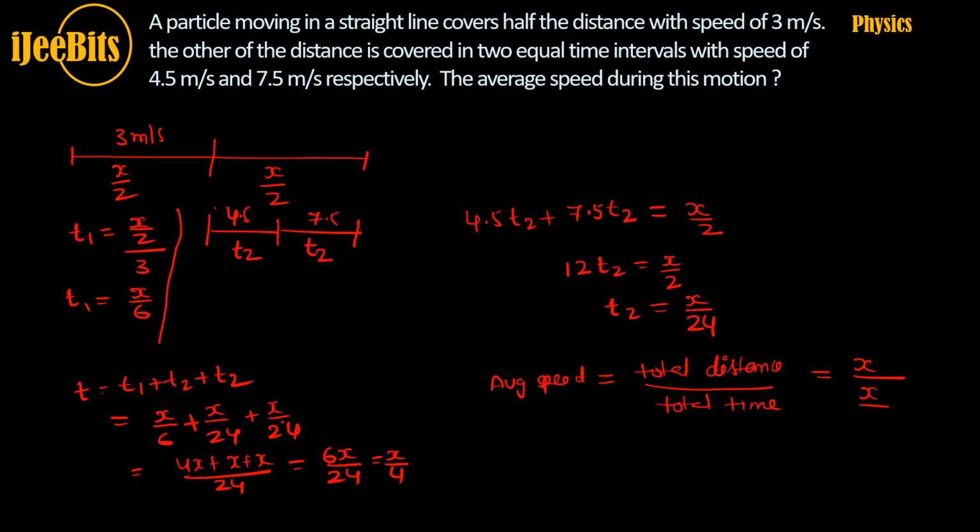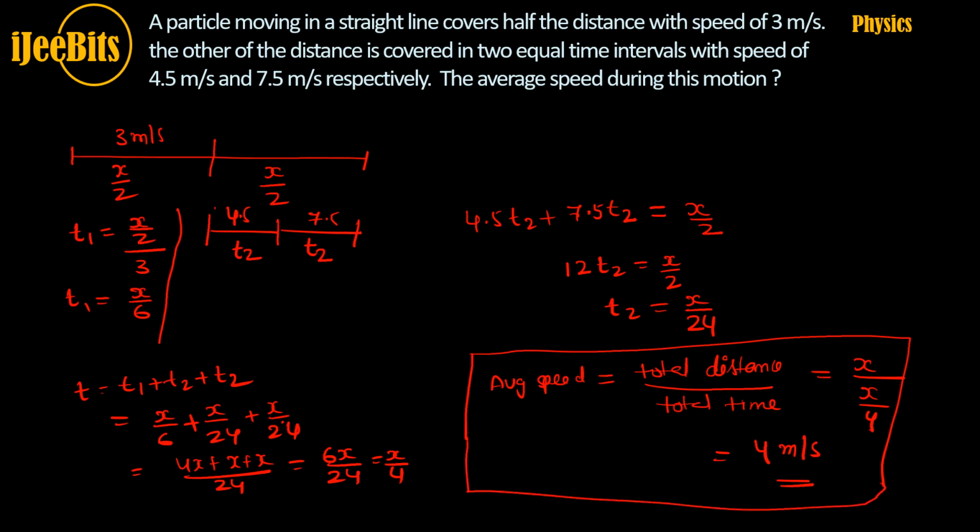So this one would be x by 4. So 4 meters per second would be the average speed. Alright, good. Let me box it. Good problem.